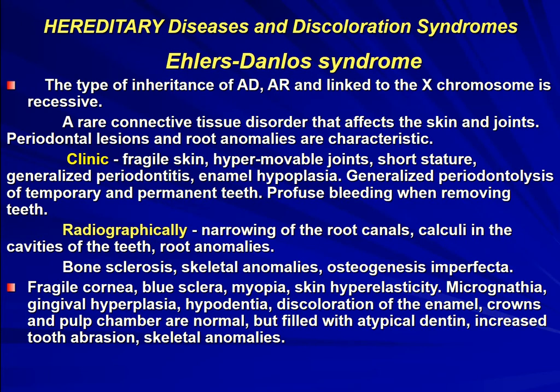Hereditary diseases and discoloration syndrome. Ehlers-Danlos syndrome. The type of inheritance is autosomal dominant, autosomal recessive, and X-linked recessive.